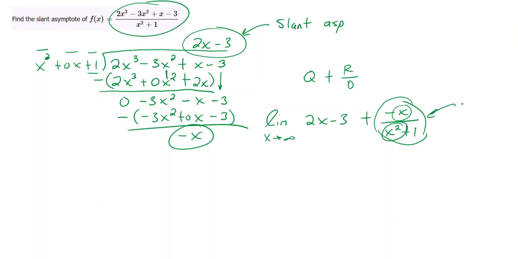This is going to be approaching 0. So as we get further and further out, the closer and closer this chunk gets to 0, our function is going to really just be mimicking the line 2x minus 3. And all of this just becomes unnecessary, because our graph just pretty much becomes 2x minus 3.